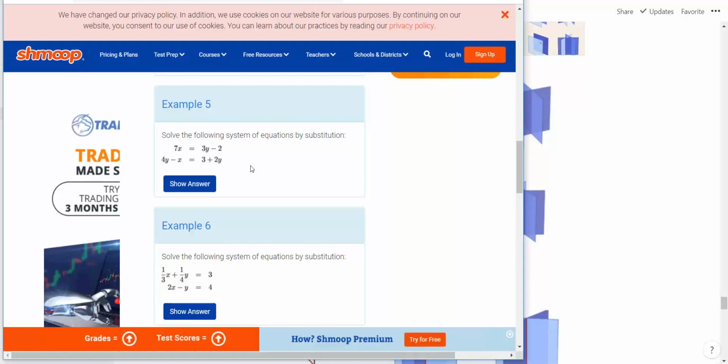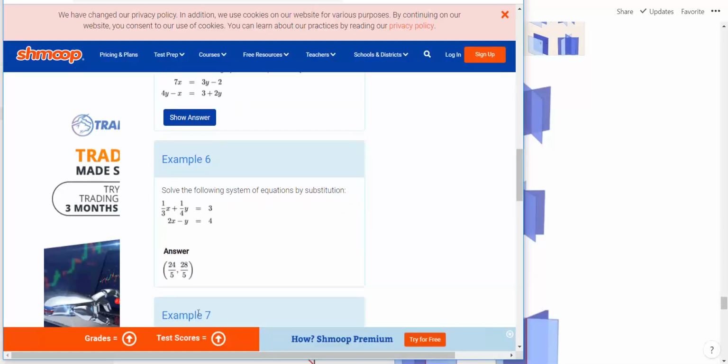So if you unify the denominator, 48 minus 20 out of 5, that gives us the y. So we have 28 out of 5, that's the y. So it's 24 out of 5 and 28 out of 5.